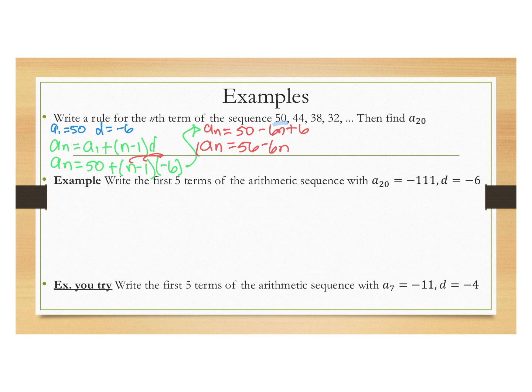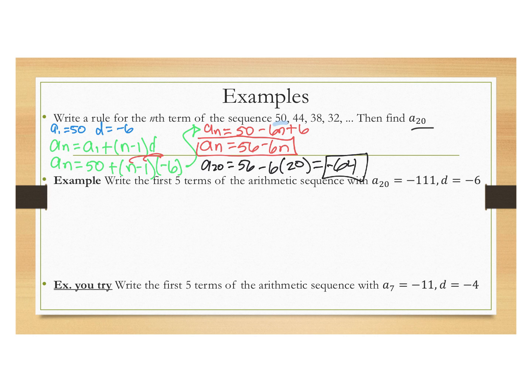So that's our rule for the nth term. That is one of our answers. And now we have to find a sub 20. So a sub 20 is equal to 56 minus 6 times 20. So 56 minus 120 is negative 64.